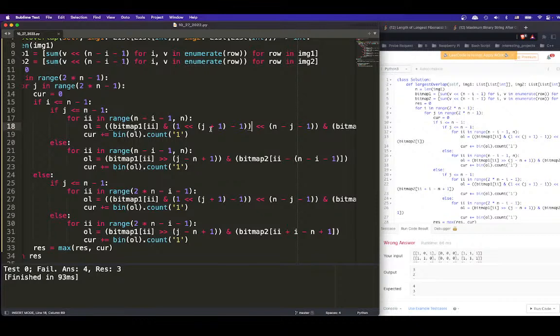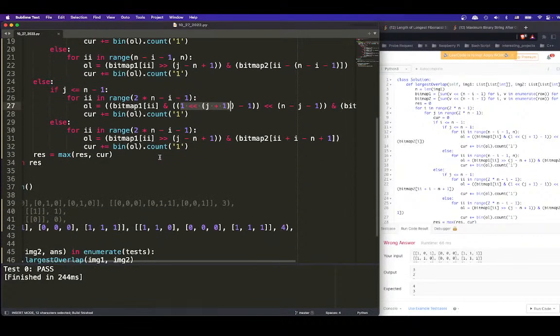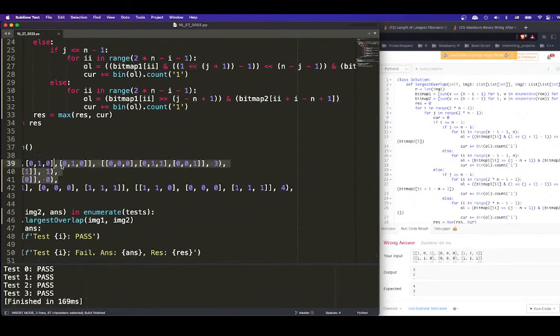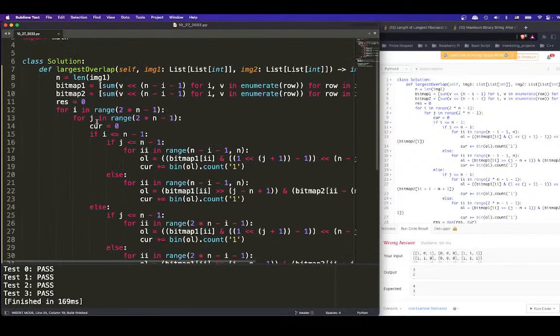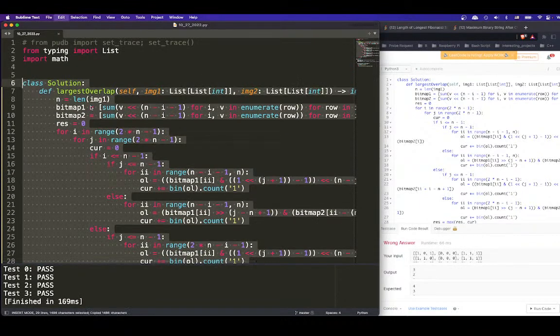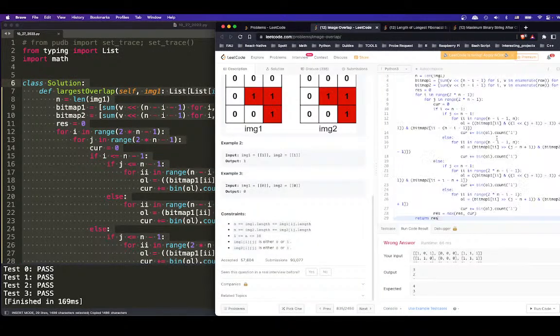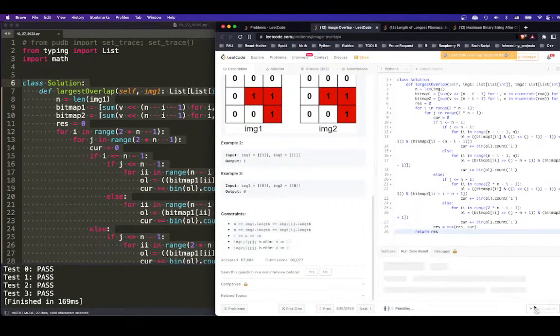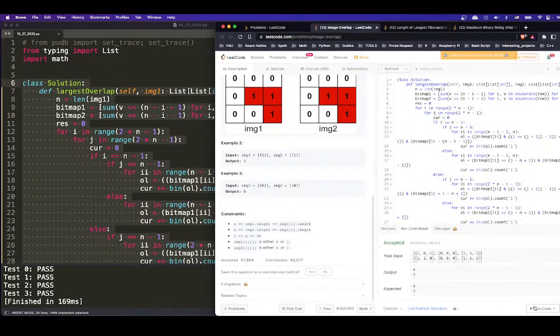So 1 left shift, I suspect we have to do another parentheses. There we go. Yet another parentheses. Okay, let's try this one. Looking good.